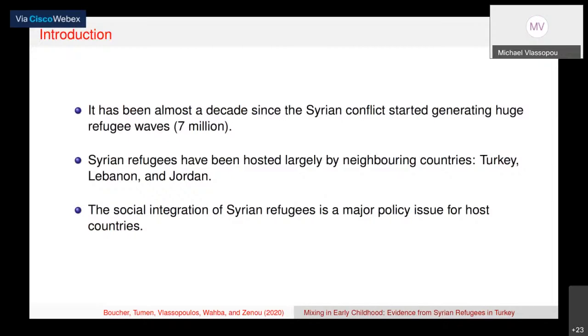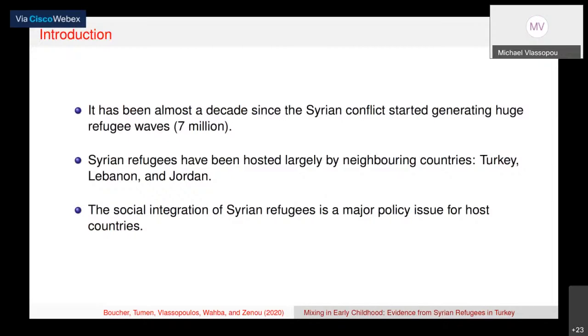So they were displaced in neighboring countries, Turkey, Lebanon, and Jordan. And as of now, it seems the displacement is becoming protracted, and there's no indication that there will be a massive return movement or systematic repatriation of the refugees. So it seems like they're going to be staying at least for the short term or medium term.